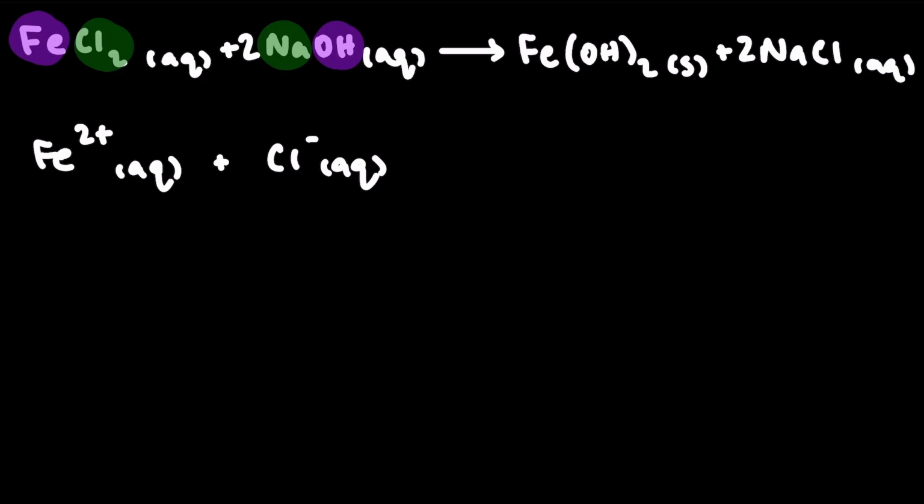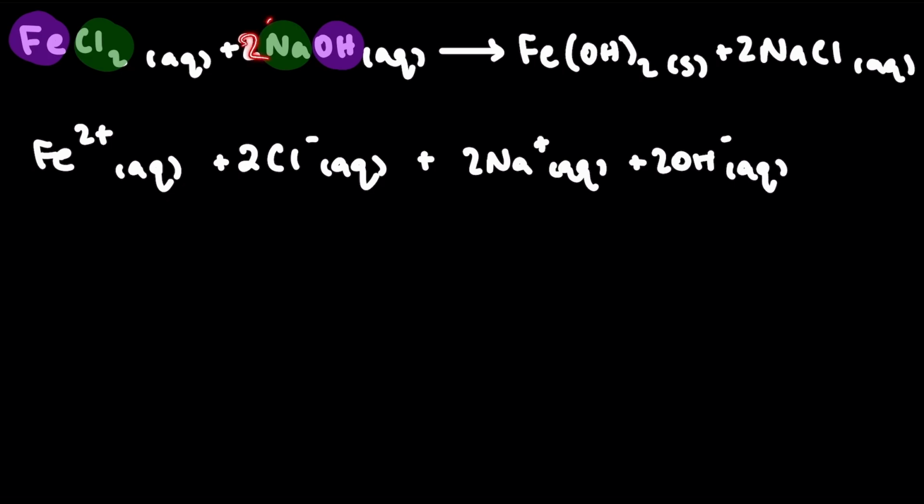However, because it's FeCl2, we know we need to put a 2 in front of the Cl-. And we're going to continue the cycle. So plus 2 Na+, plus 2 OH-, and the reason I'm putting 2 is because we have 2 NaOHs altogether, so that means we must have 2 of these individual ions.